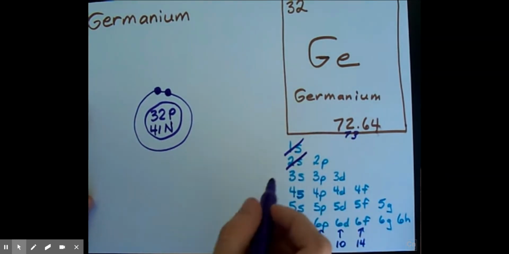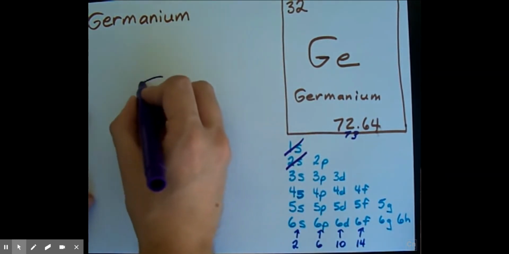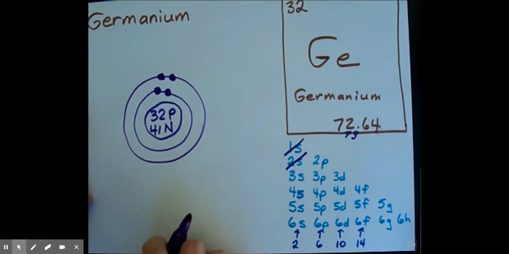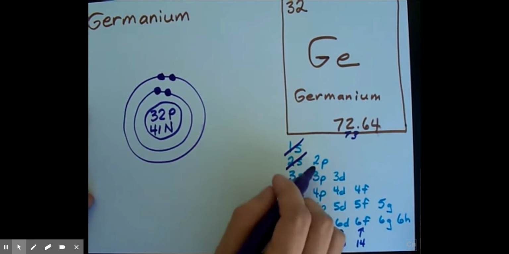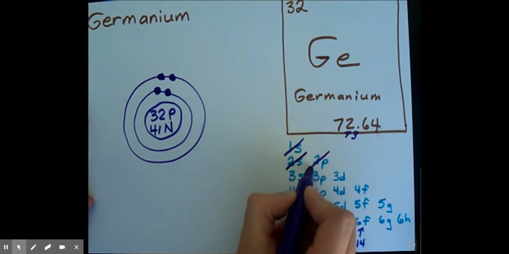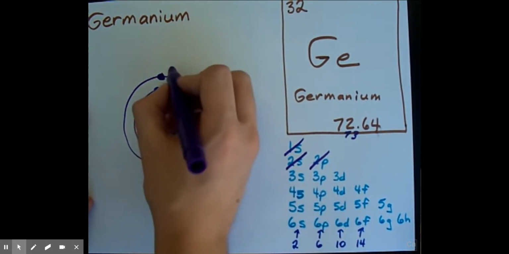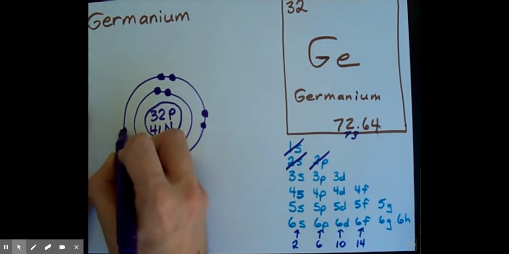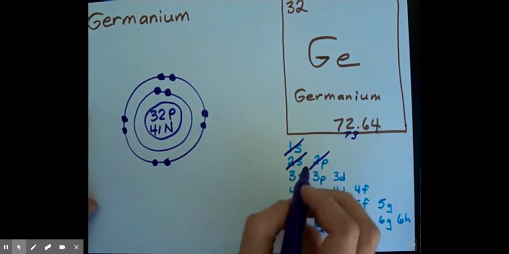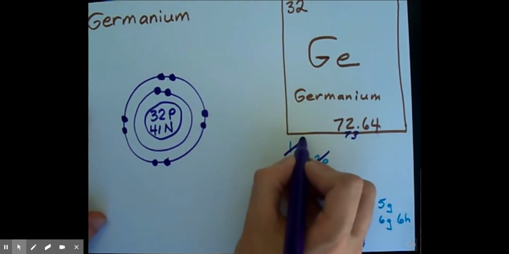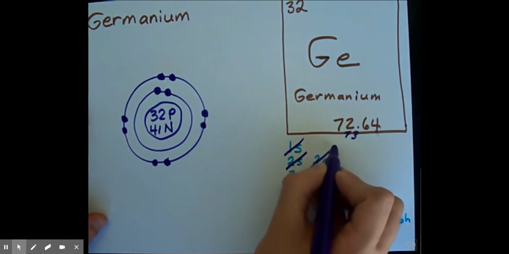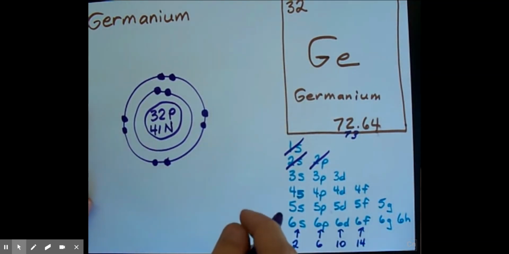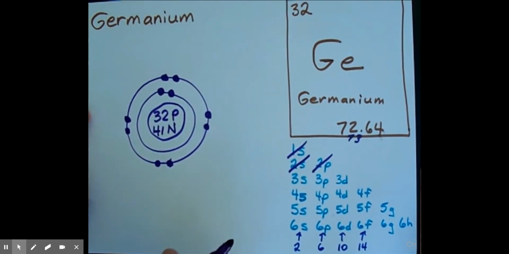Then we put 2 in the second shell. 1, 2. Then we put 6 in the second shell. 1, 2, 3, 4, 5, 6. What I'm doing is progressively drawing diagonal lines through my chart, and it's going to tell us the order in which we put electrons into the atom.